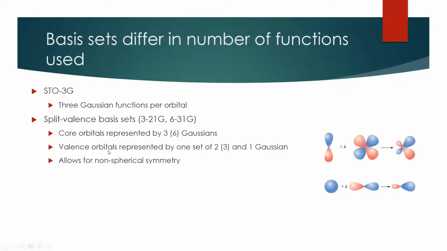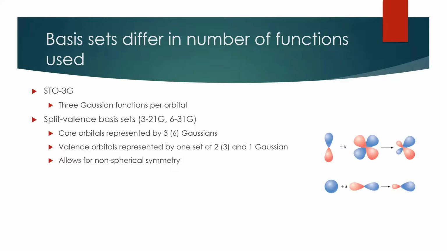The first one is a split valence basis set. And so the notation here for split valence is 3-21G, and in some cases 6-31G. These are the 2 most common forms used. So these model the core orbitals by 3 or 6 Gaussian functions, and the valence orbitals as a set of 2 different Gaussian functions.